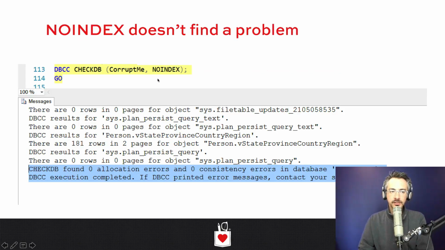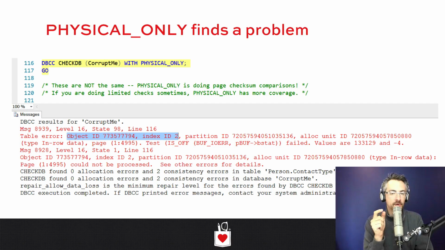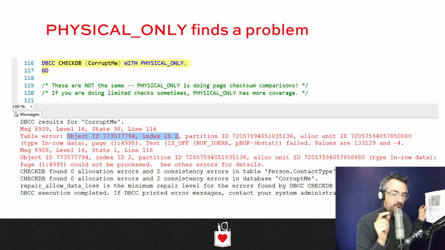Now I've only corrupted the non-clustered index, not the clustered index. So when I run CHECKDB with the NOINDEX parameter, SQL Server skips all of the non-clustered indexes, so it does run faster. In comparison, the physical only parameter does catch this, because physical only reads every page, regardless of whether it's a non-clustered index or a clustered index or off-row binary data, whatever.